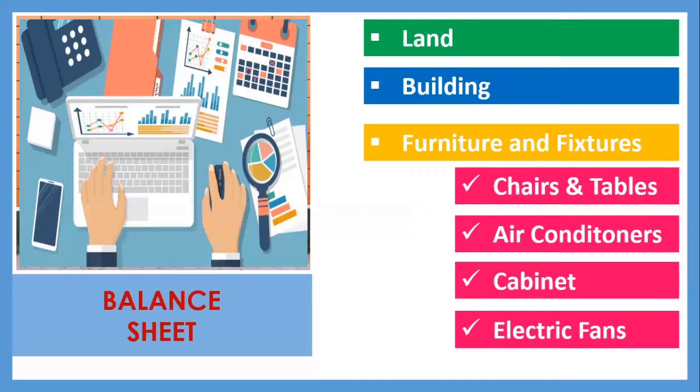Next, we have building. Building is the infrastructure owned by the company that is used in business. And we also have furniture and fixtures. Furniture and fixtures represents chairs and tables, air conditioners, cabinets, electric fans, etc. And next we have office equipment.